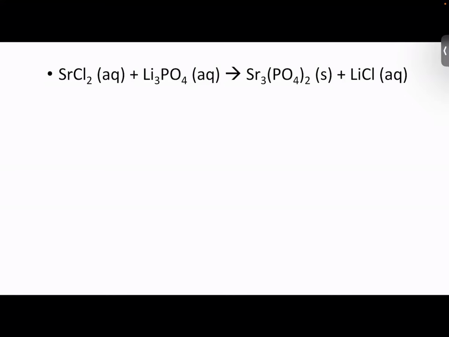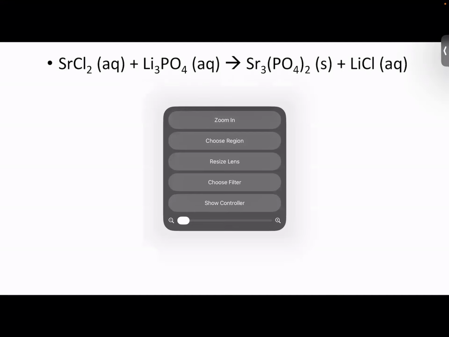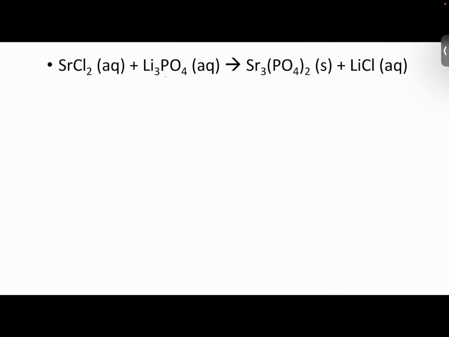In this particular case, I see, oh, wait, I have phosphate on the reactant side and I have phosphate on the product side. When I'm making my list, I'm going to keep that phosphate together. So I'm going to list out the strontium, the chlorine, the lithium, and the phosphate. On the reactant side, I have 1 strontium according to the formula.